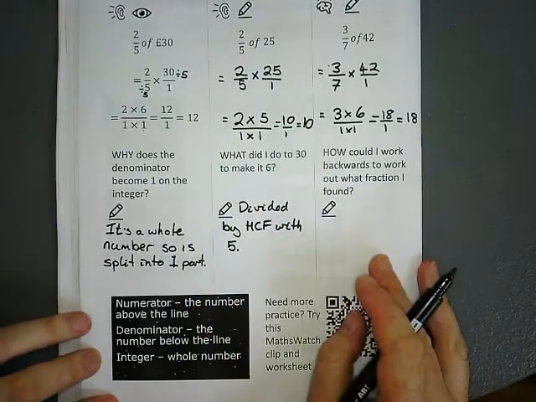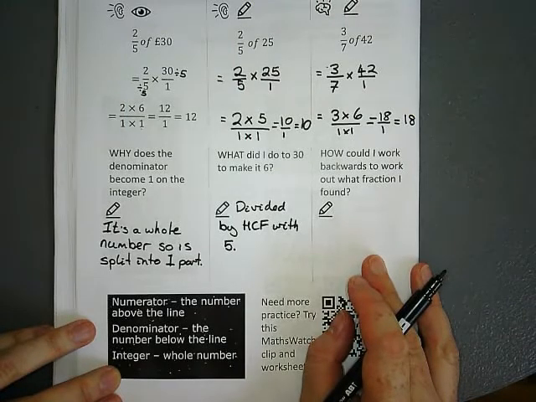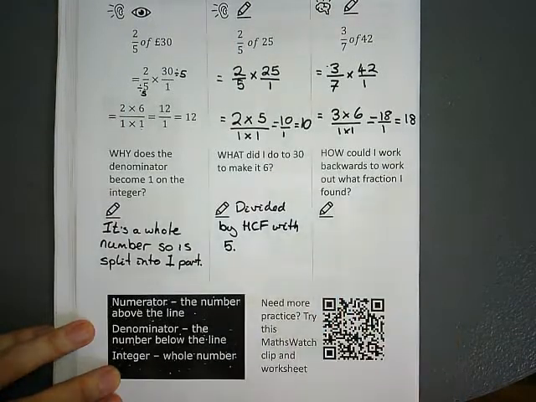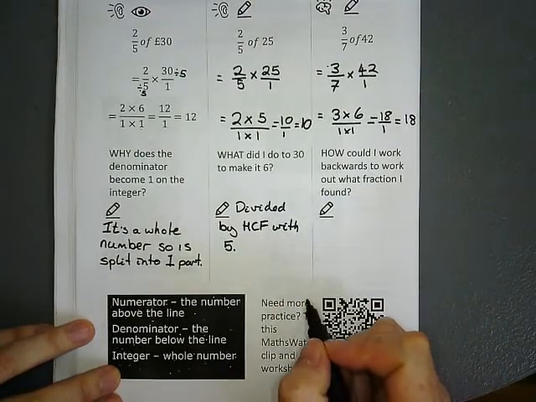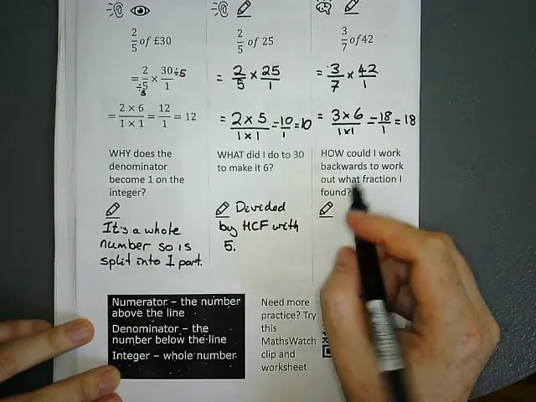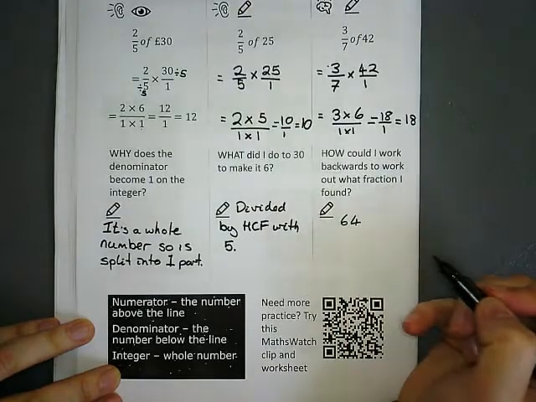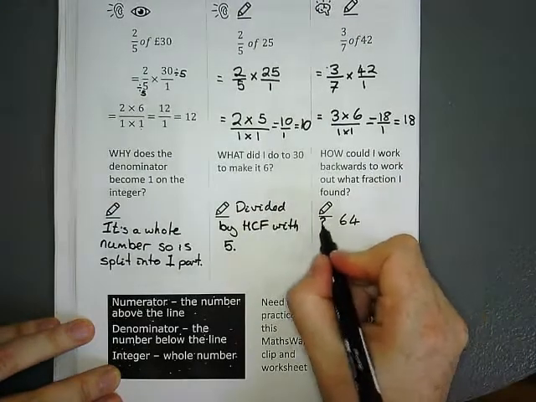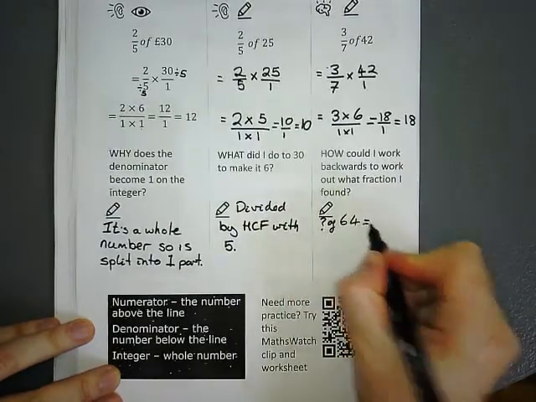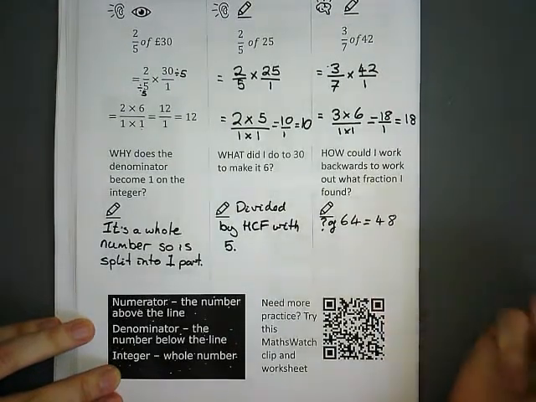This one's a bit trickier. How could I work backwards to work out what fraction I found? So this is the question saying, maybe I might have been told that I've got a fraction of some amount of 64, and I'm going to say that that equals 48.